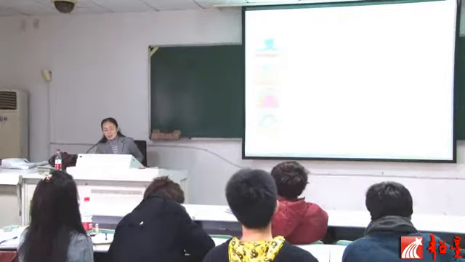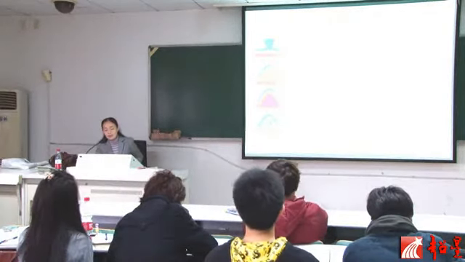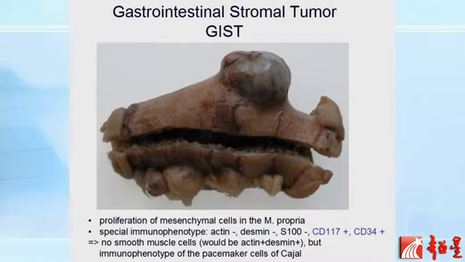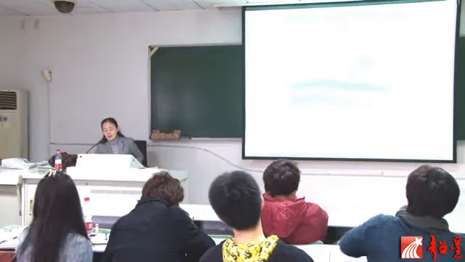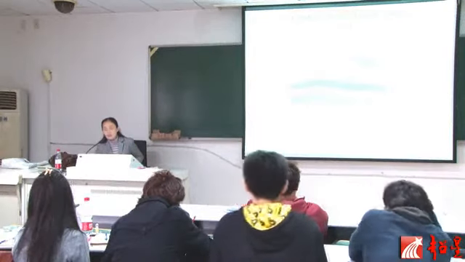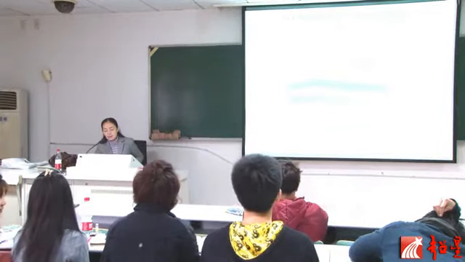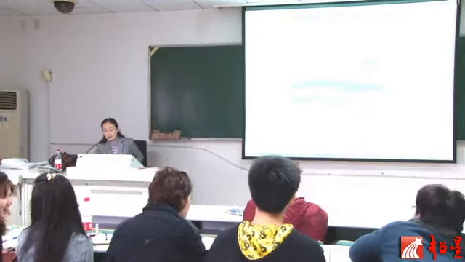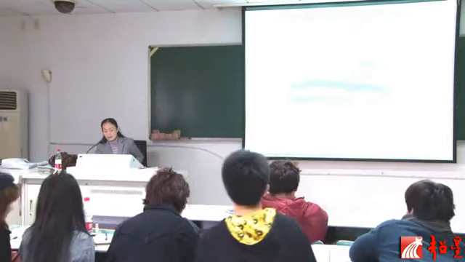And the second is the polyp of the muscular layer: leiomyoma and GIST. This is the polyp from GIST, the gastrointestinal stromal tumor. It is caused by proliferation of mesenchymal cells in the muscular layer, and these cells have special immunostaining. CD117 is positive, CD34 is positive.